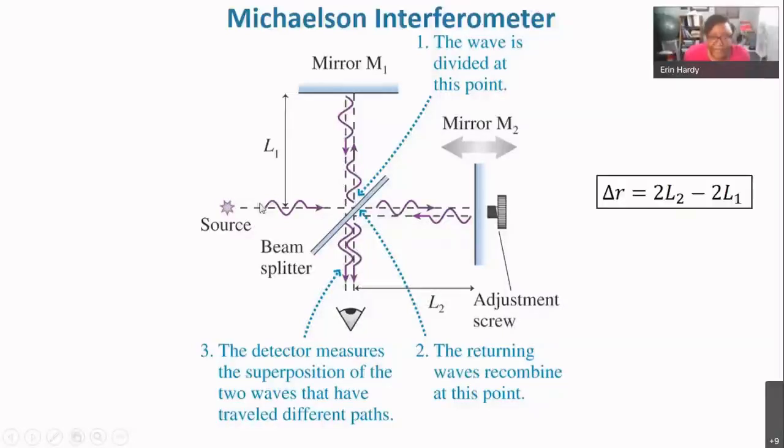So let's trace this, where we have some light from the source that hits this beam splitter, and let's just track the portion that starts off being reflected first. So it's going to interact with the beam splitter as if it's a mirror. It's going to reflect a portion of that light source toward mirror one, where mirror one's job is literally just to reflect that light the same direction from whence it came.